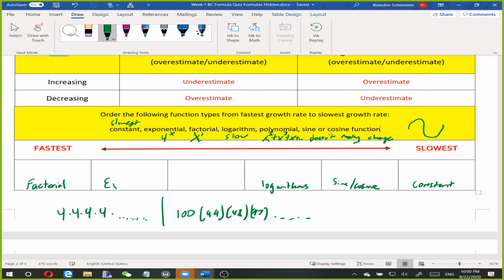Okay, you're right. Exponentials are faster than polynomials.